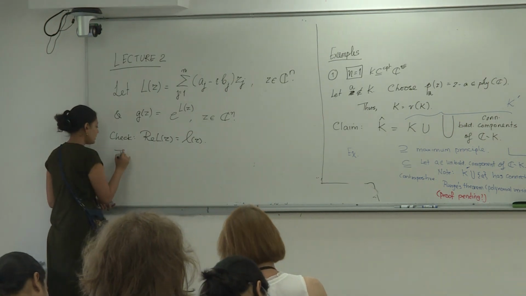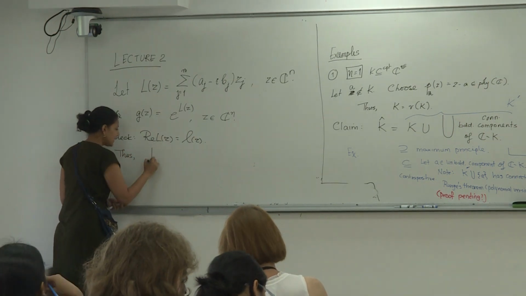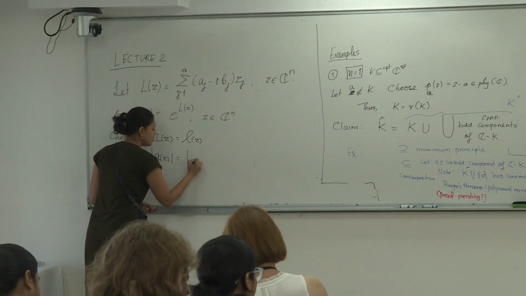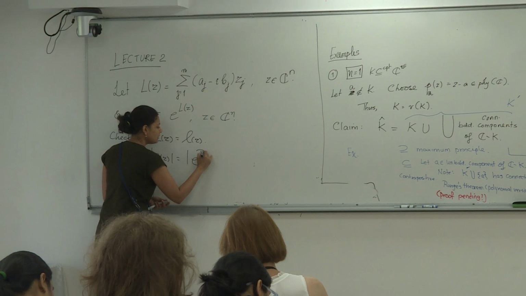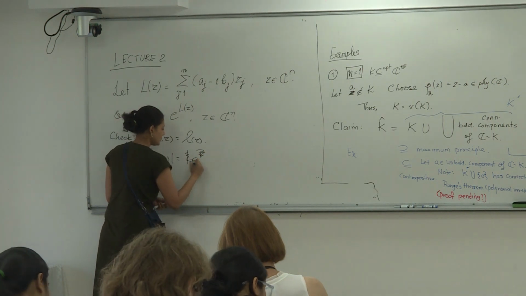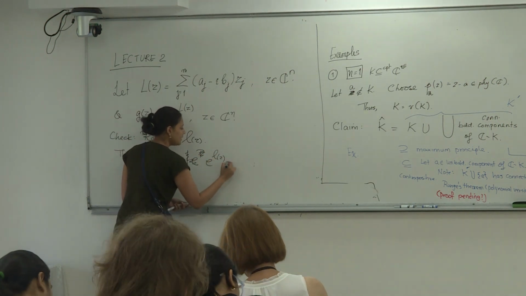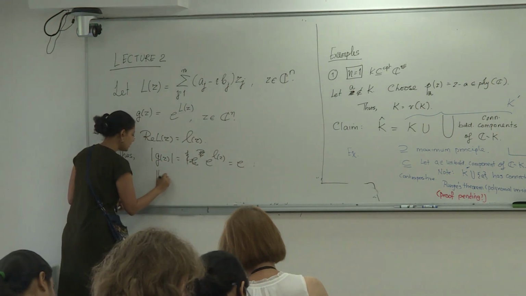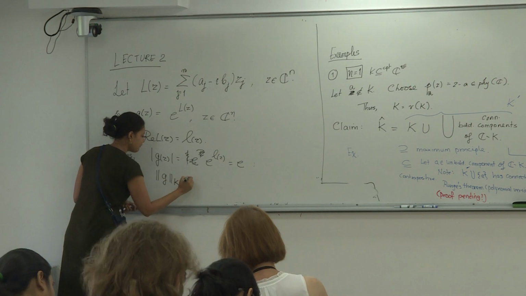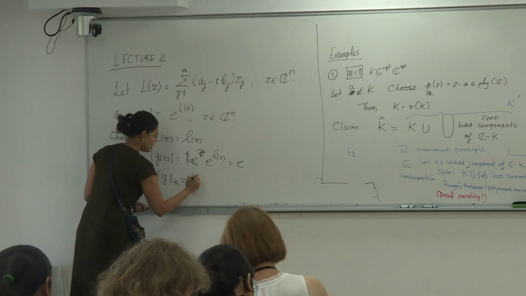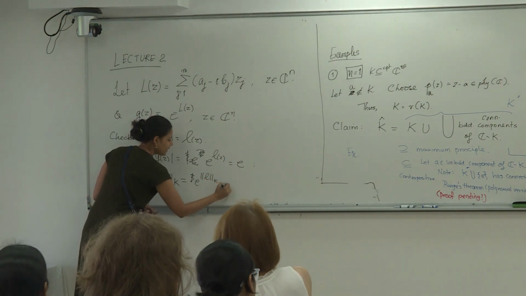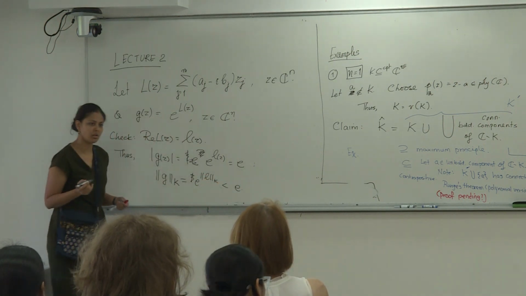Thus, if I look at the absolute value of g(z), that is the absolute value of e to the L(z), that's e. And on the other hand, if I look at the norm of g on K, then that is e to the norm of L on K, and that's strictly less than e, okay?